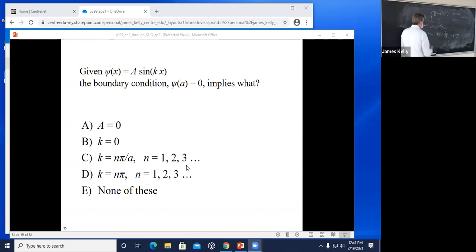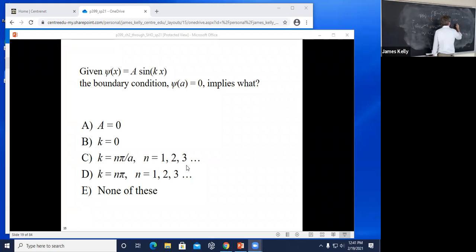The separable solution is my capital psi, which is separable: this times e to the minus i E n t over h bar, and E n is related to k n by our formula from before.